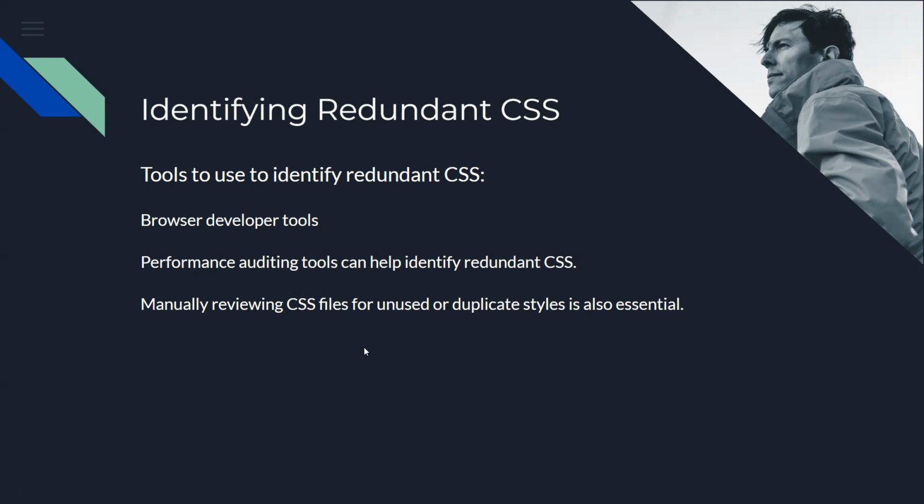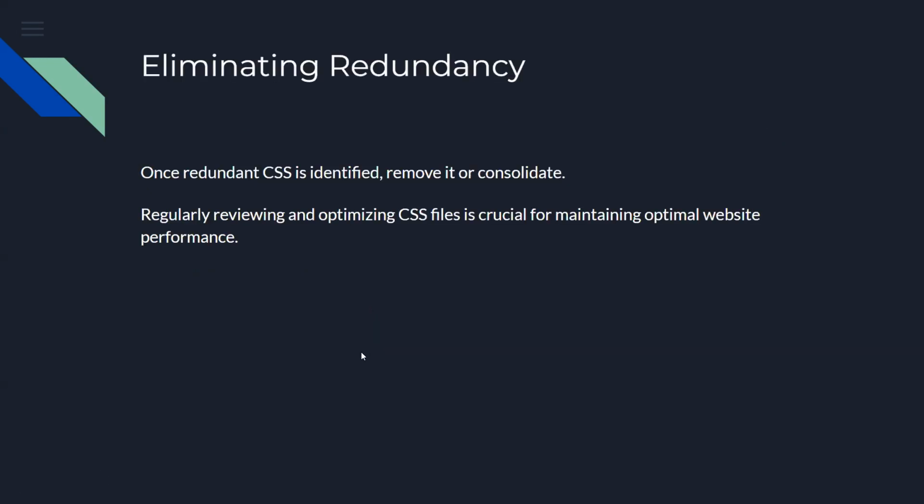What do we do after we have identified these redundancies? We need to then remove or consolidate them. And we should do this on an ongoing basis in order to maintain our websites quite well.